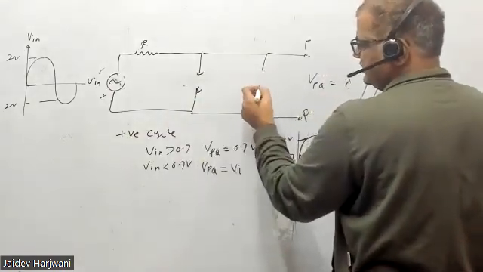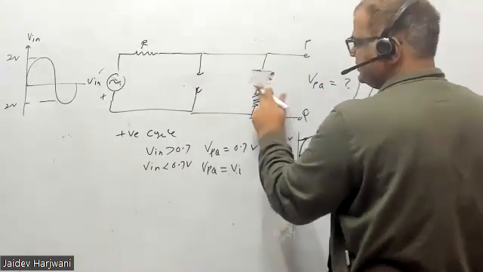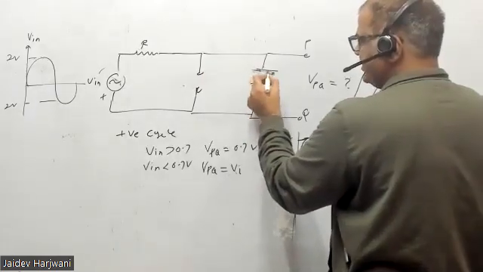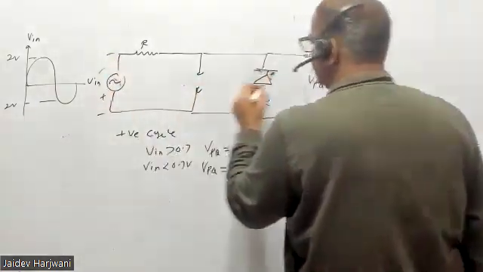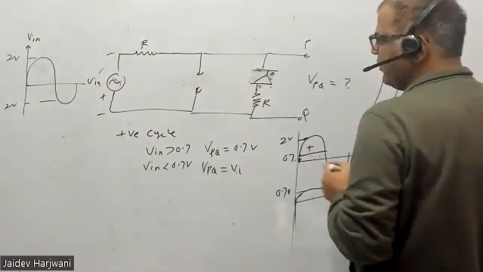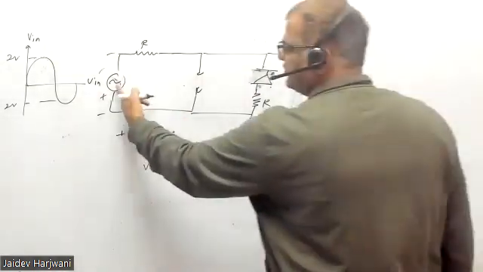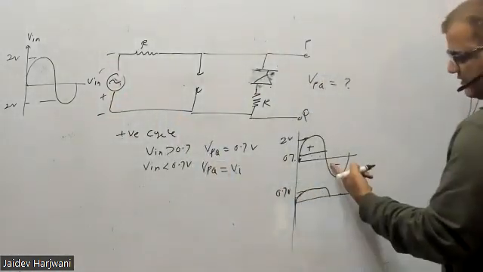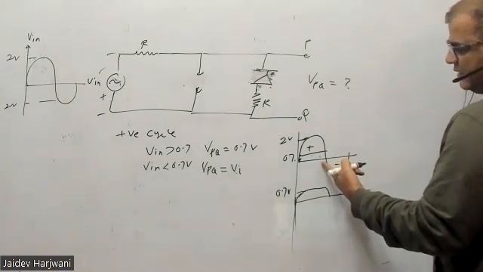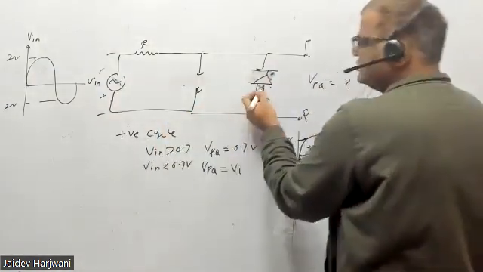Now for the negative cycle, this diode can become on, and the condition there again is that the magnitude of this should be greater than 0.7. If it is less than 0.7, this will not turn on, because even in this direction it requires 0.7 volt.